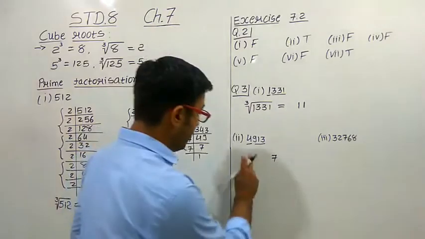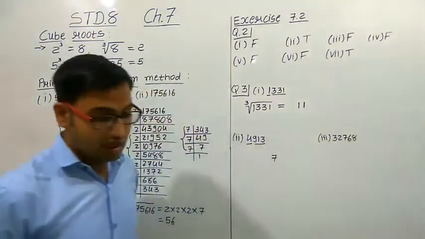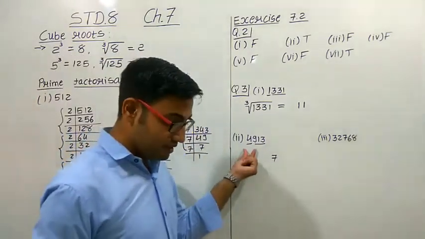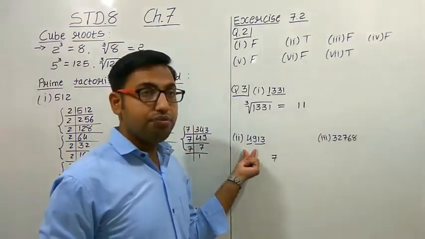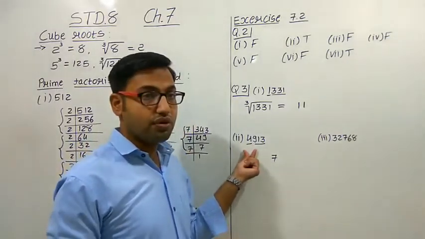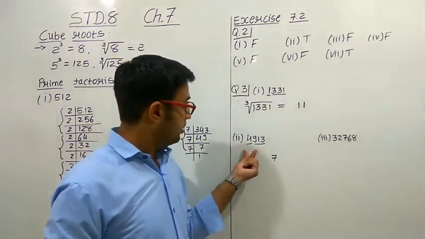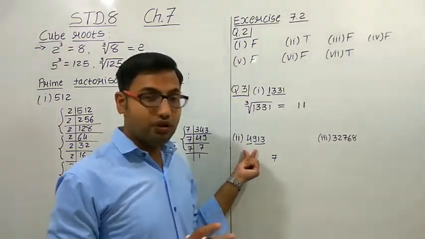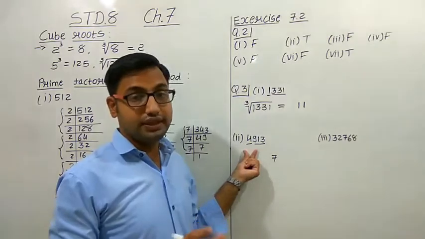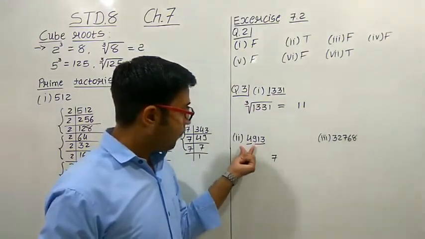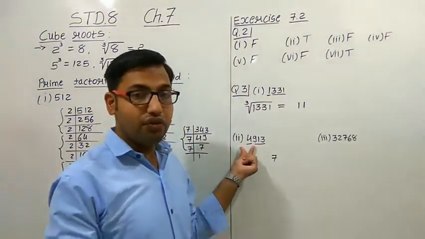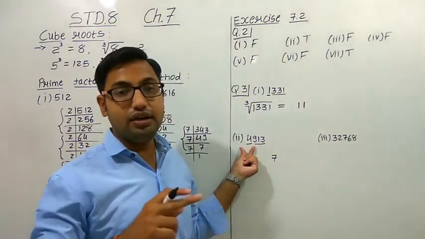Now this is the 4. Think about the cubes: 1 cube is 1, and 2 cube is 8. So this 4 is in between 1 cube and 2 cube.